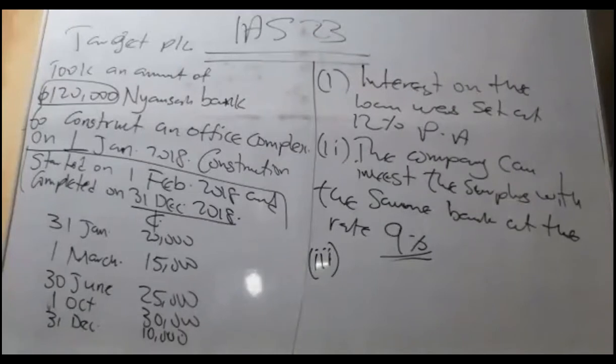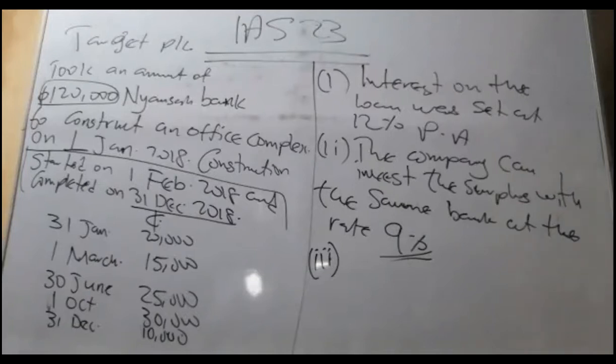Now required. First, calculate the borrowing cost eligible for capitalization. That's the first requirement.